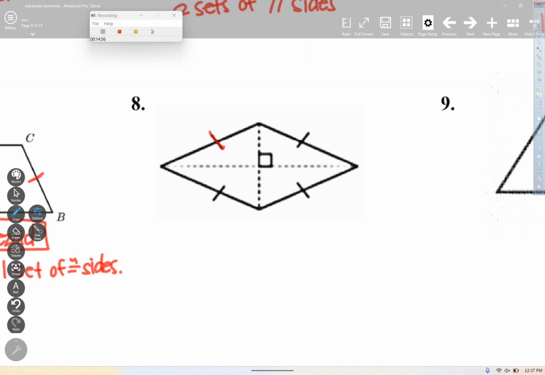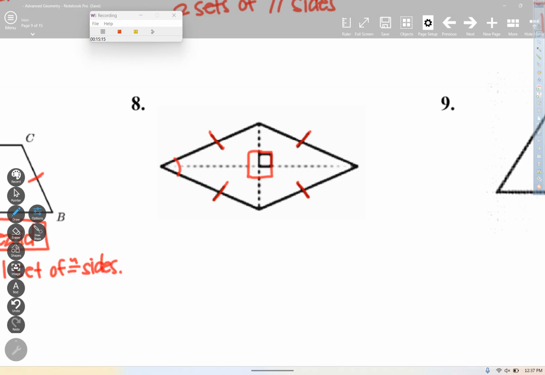8. Okay. Notice off the bat, all sides are congruent. Then I know that the diagonals meet at 90. So if all sides are equal, that brings it down to a rhombus or a square, and then the diagonals meet at 90, that works for both a rhombus and a square. But for it to be a square, all angles have to be equal. And you're going to notice these angles are definitely not equal, right?